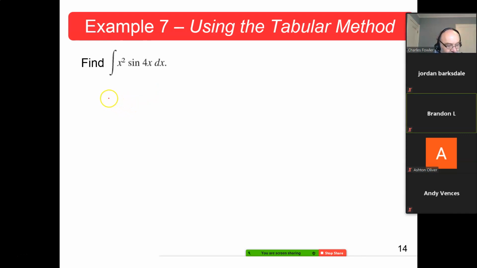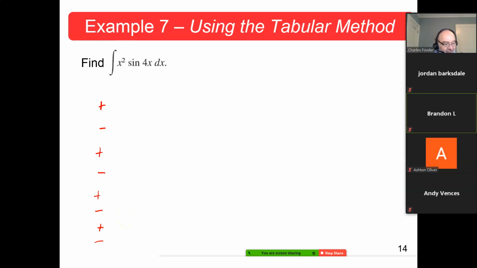The first thing you do is alternate your signs. Okay, that's it. You just put plus, minus, plus, minus, plus, minus. I'm not going to need that many, but I'm just going to write them out there in case you had a really big thing.